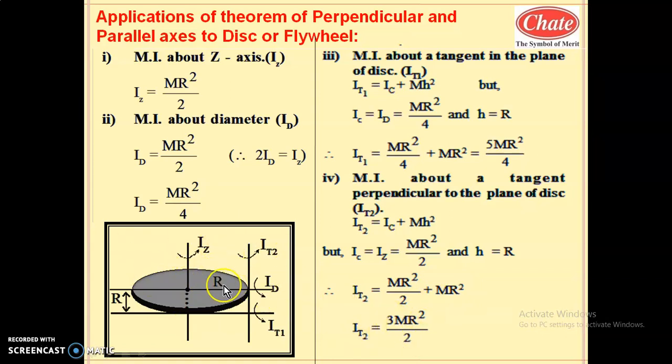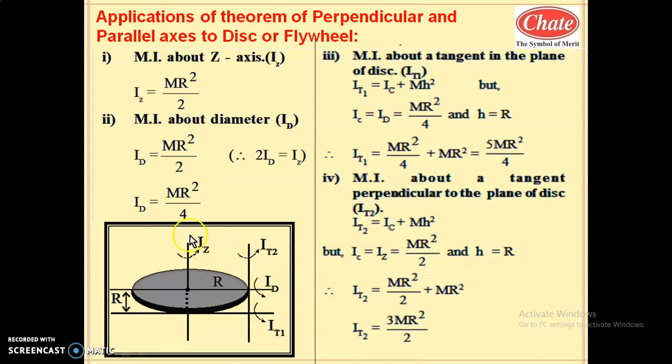Student, very well you can remember this simply like this. This value divided by 2 is this. In this, add 1 mr square, you will get this. And add 1 mr square in this value, you will get this. So this is mr square by 2. This divided by 2 is mr square by 4. mr square by 4 plus mr square, that is 5 by 4 mr square, is here.